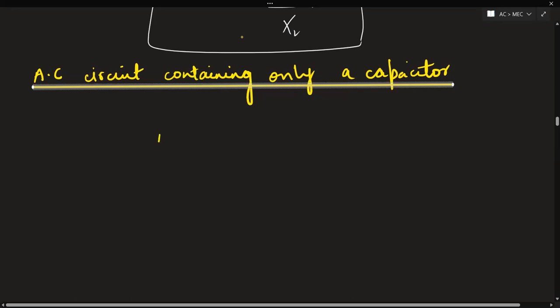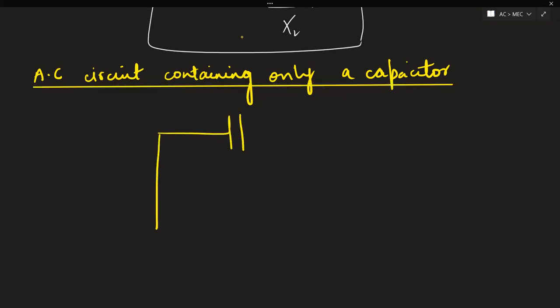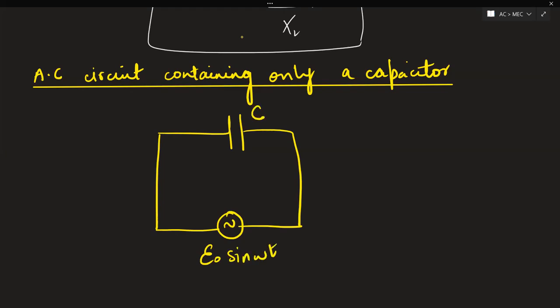Now here you will have a capacitor, but instead of being connected to a battery and key system, it is connected to a source whose value is E naught sine omega t. The capacitance of the capacitor will be capital C. This is basically the EMF or the potential difference. You can say V is equal to E naught sine omega t.